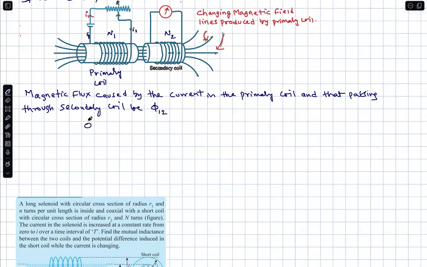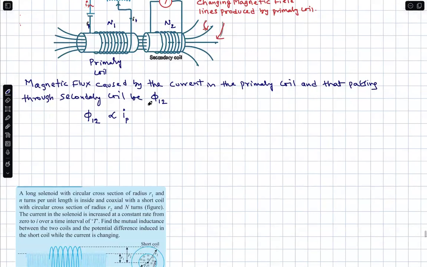This phi12 is proportional to the current in the primary coil. And this phi12 into N2, because per turn this is the flux, the whole thing is a constant M12 times the current in the primary.